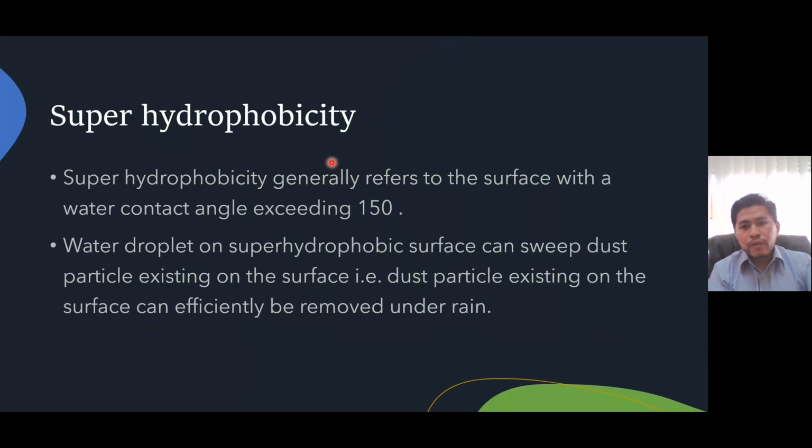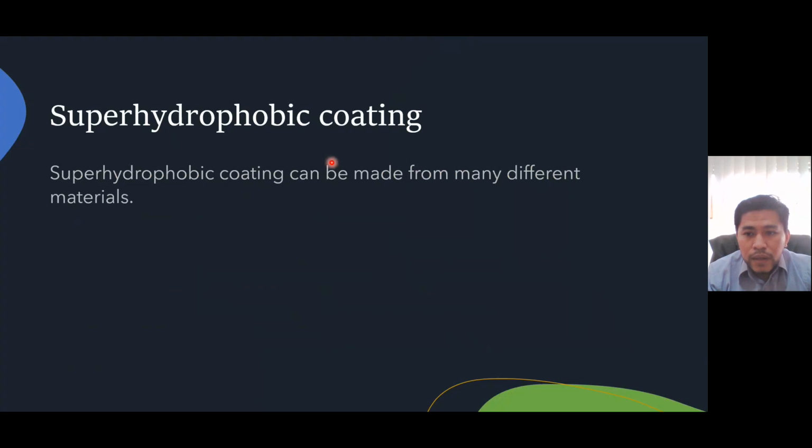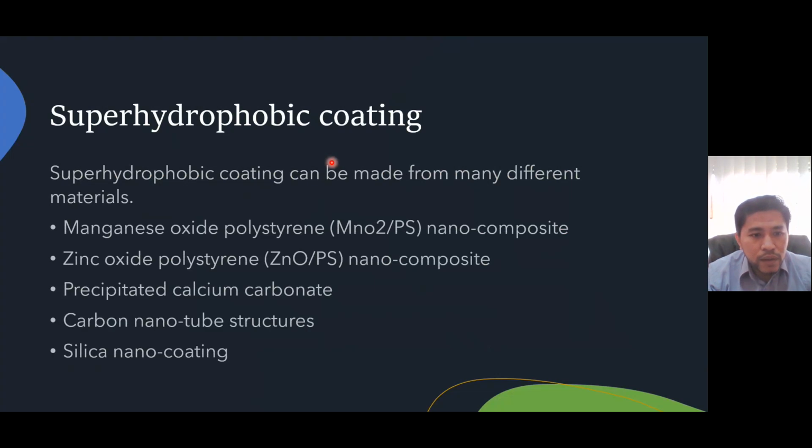We have a few examples of super hydrophobic coatings that are available. A super hydrophobic coating can be made from many different types of materials. For example, we have a manganese oxide polystyrene composite, a zinc oxide polystyrene composite, precipitated calcium carbonate, carbon nanotube structures, and also a silica nanocoating.